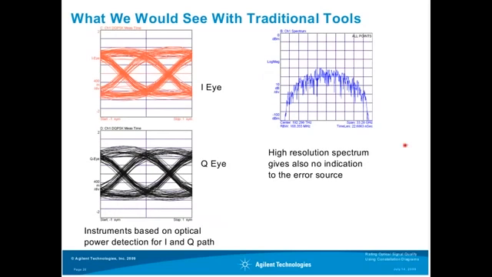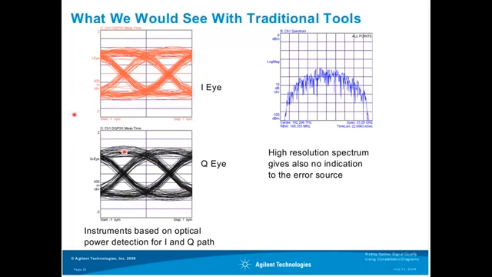So again, I would start with the traditional test tools that we have available. This is the I and the Q. And again, here we can see there's a higher jitter, and not a very open eye, but this is all we can analyze from this kind of signal representation.